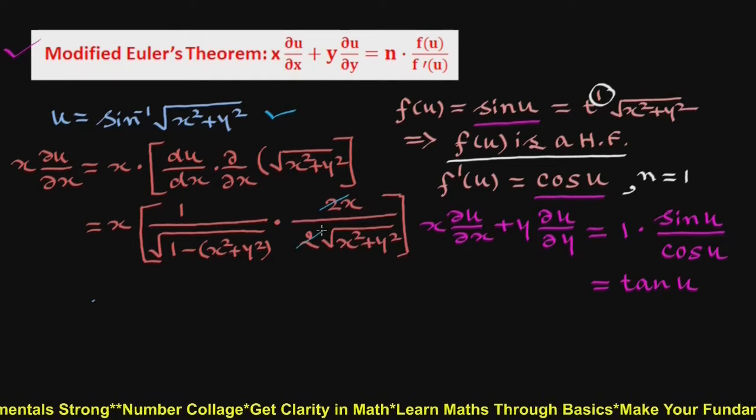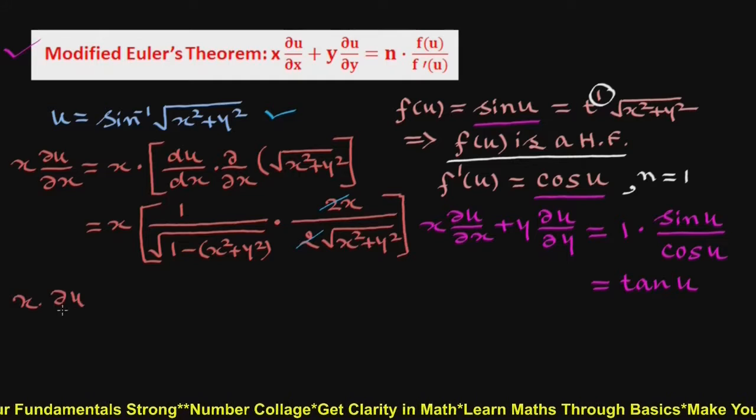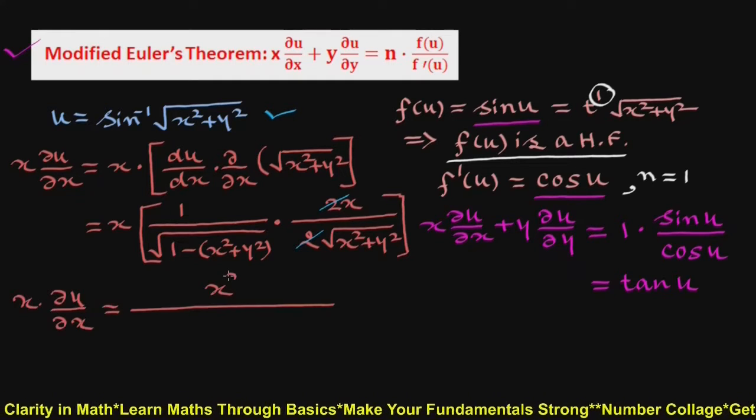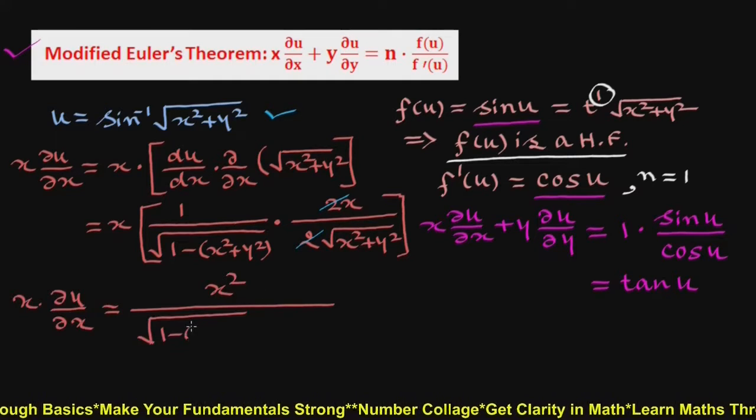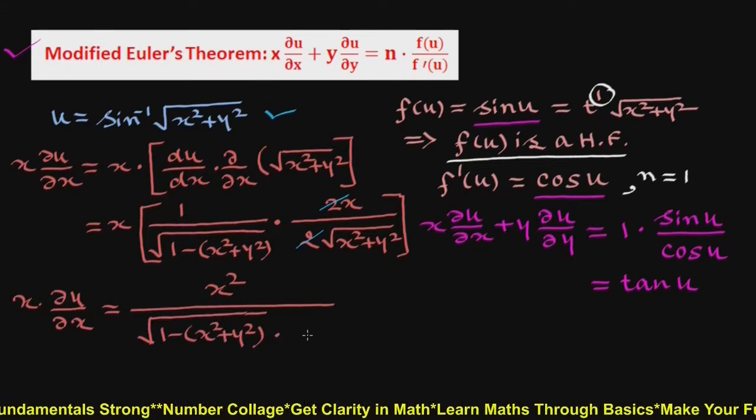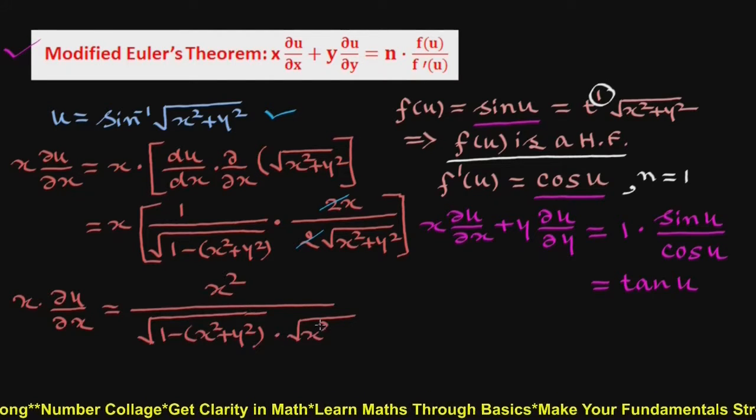This 2 will get cancelled and x ∂u/∂x will be x² upon the square root of 1 − (x² + y²) into the square root of x² + y².